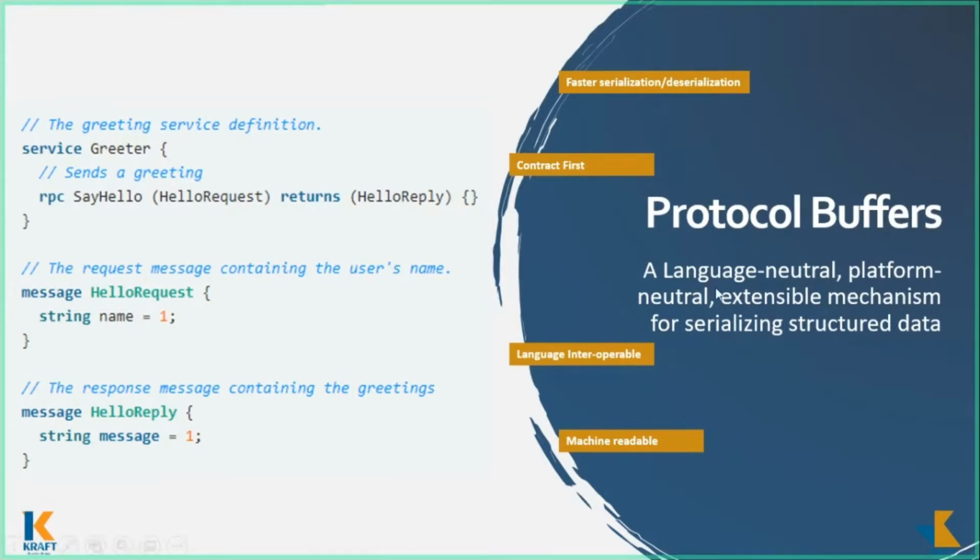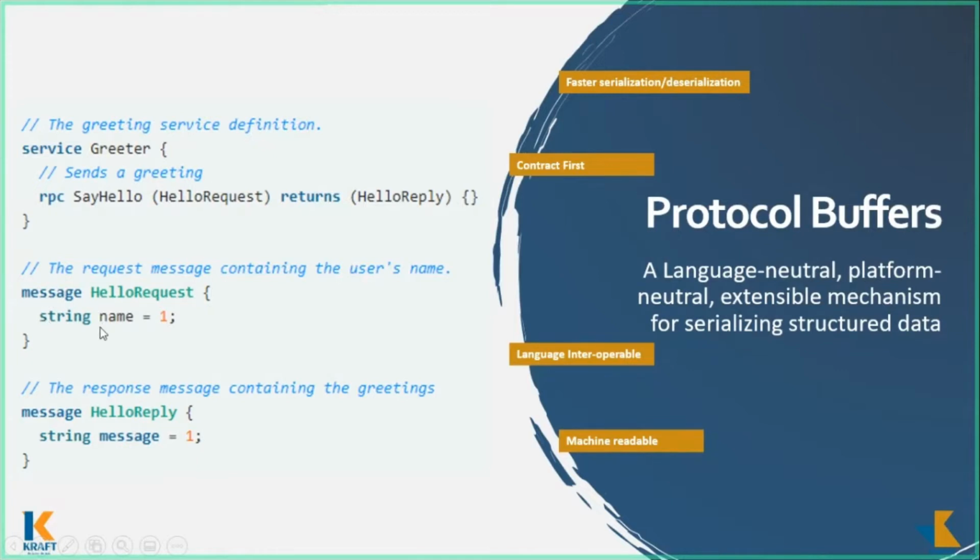A real protobuf file will contain these two things: message HelloRequest and message HelloReply. These are two structures, where the request contains a name and the reply contains a message. The number means the position of the element. If you have more elements, they will come as 2, 3, and 4, representing their positions and the type.